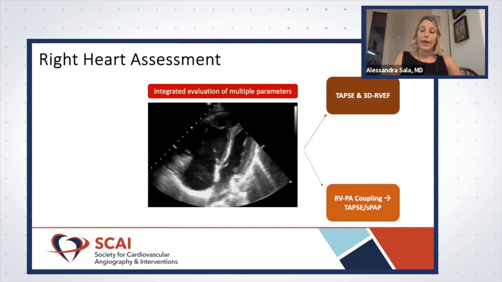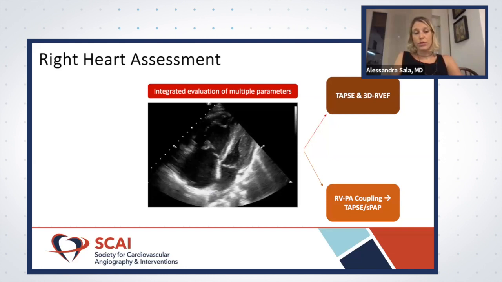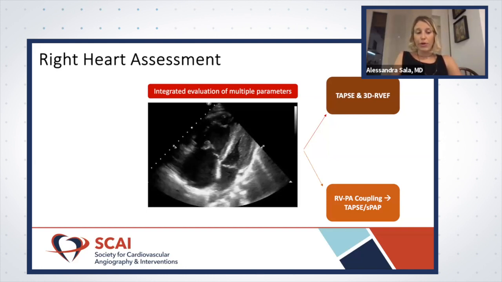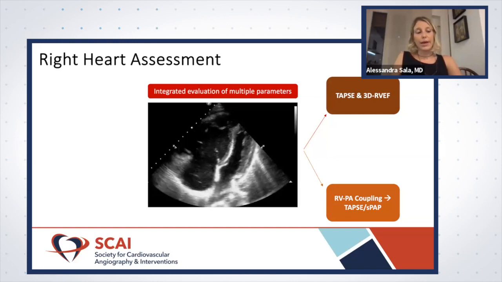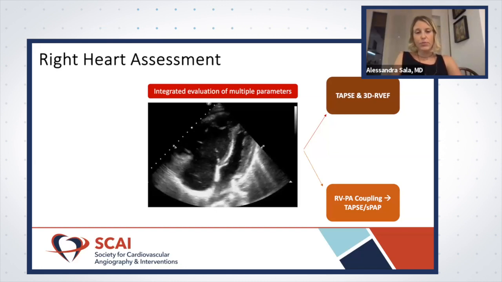Therefore, RV-PA coupling has been identified as a powerful predictor, evaluating whether right ventricular function is adequately compensated for different loading conditions. A high TAPSE to systolic pulmonary artery pressure has been associated to a lower all-cause mortality and fewer hospitalizations for right heart failure following treatment.